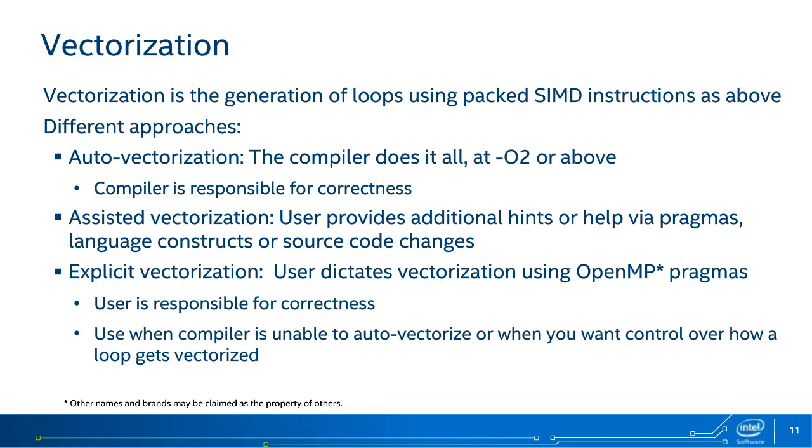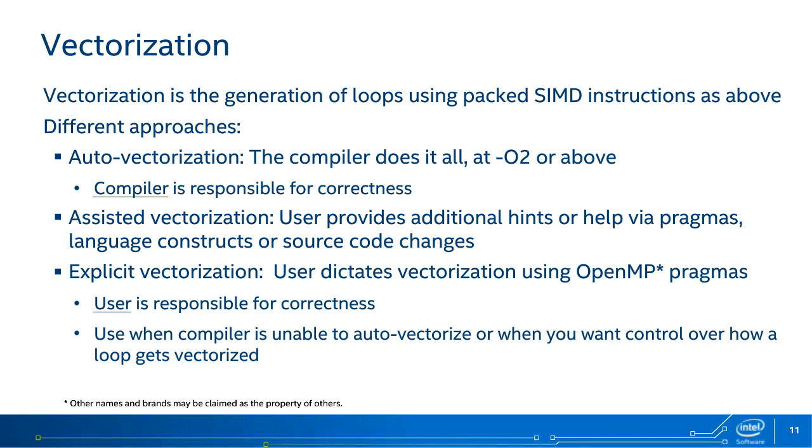We may use the compiler auto-vectorization feature, which is enabled by default with O2 optimization level, so you don't need to specify it explicitly. By the way, O2 level is enabled by default as well, so if you invoke the compiler by using ICC command, then O2 is set implicitly and vectorization is enabled as well.